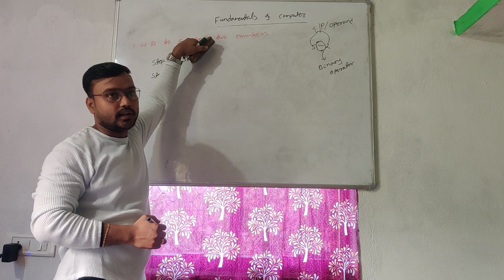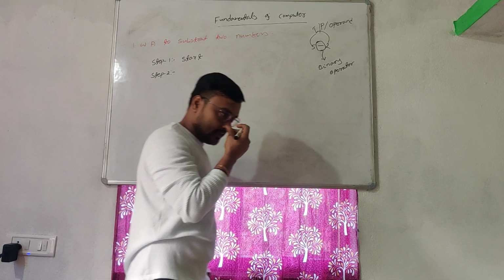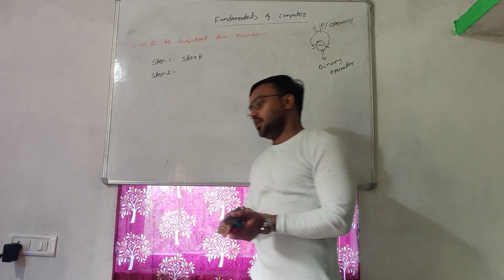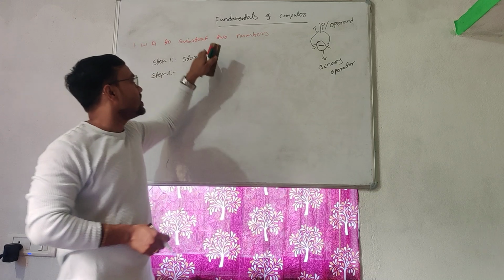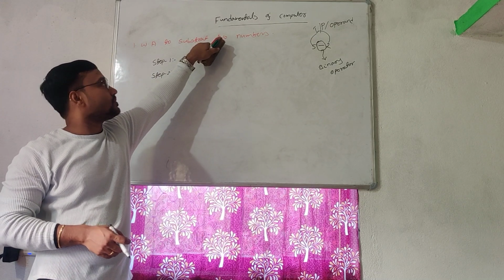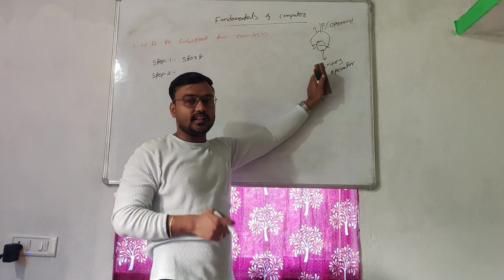Operation I know, I only need the operator. How will we decide how many operands you need? Depending upon the question. Yes, this is the subtraction operator. What kind of operator is this? This is a binary operator. That means I need what?